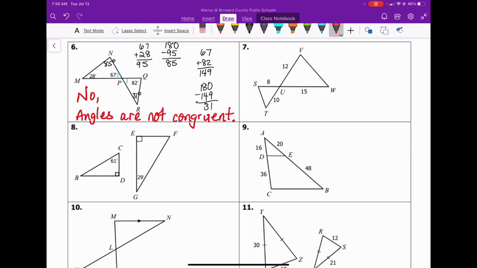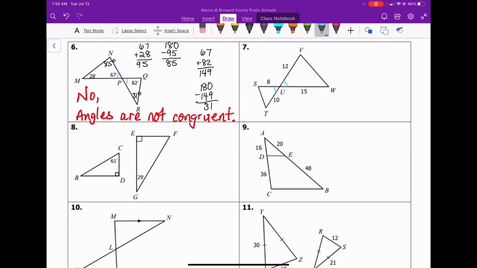Okay, number 7. Once again, for number 7, we have a situation where we have vertical angles. Okay. Now, we do have the angle part, but now we need to see if the sides are proportional. So, for example, I'll take the smaller triangle and put 8 over 10.